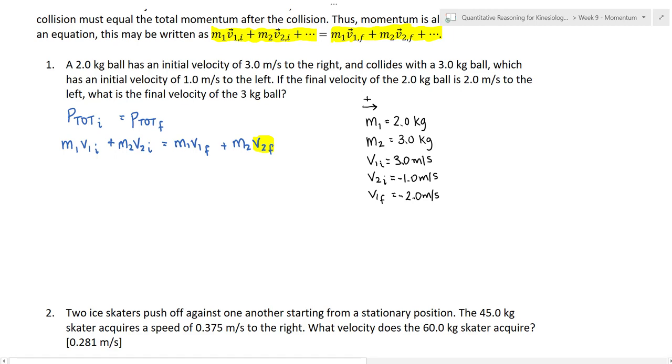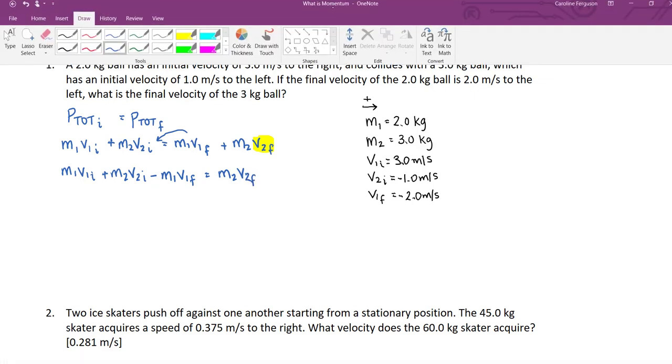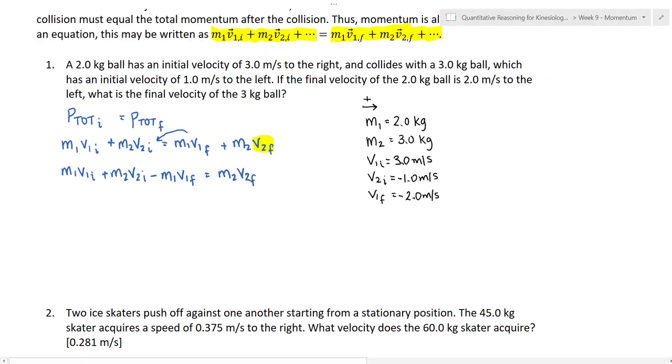I'm going to take the m1 v1 final and move it to the left side of the equation first. So I have m1 v1 initial plus m2 v2 initial minus m1 v1 final equals m2 v2 final. I just want to isolate for that v2 final, so I'm going to divide both sides by m2.